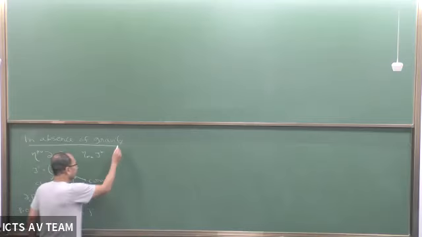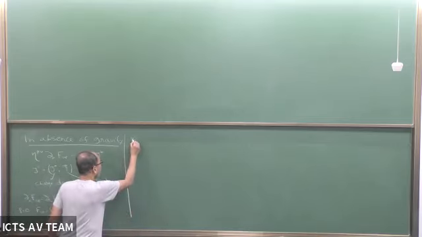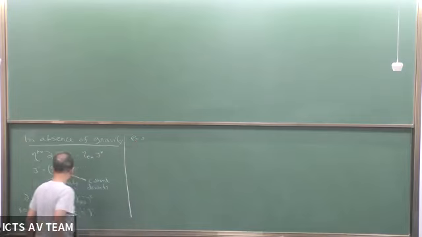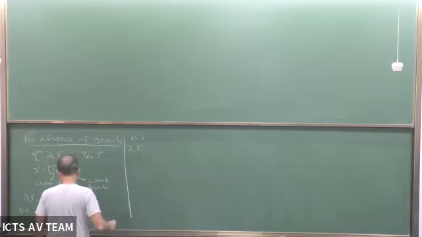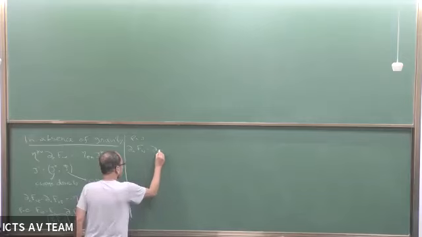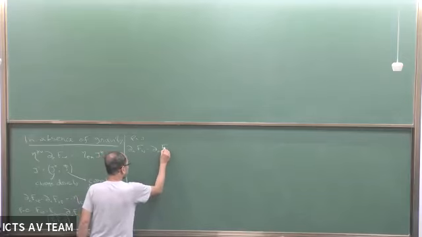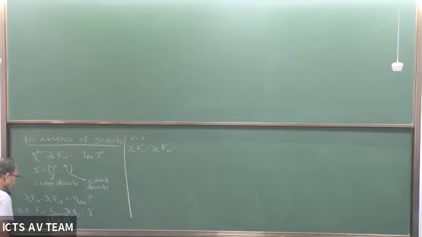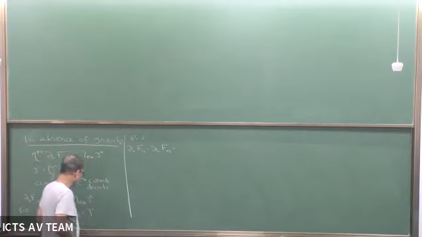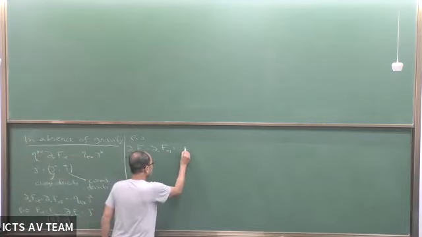And now we'll take nu equal to j, one of the spatial components. So we get the derivative of Fij minus the time derivative of F0j. Okay. And this is minus eta jk Jk. So that's minus Jj.